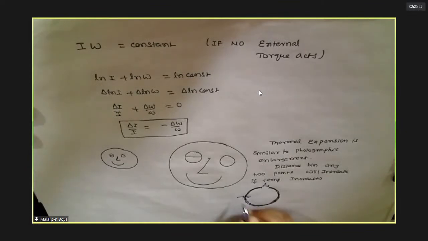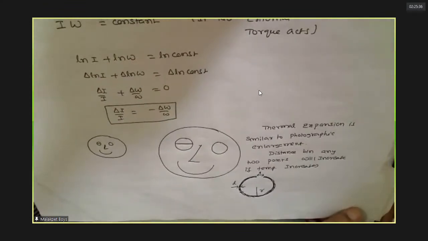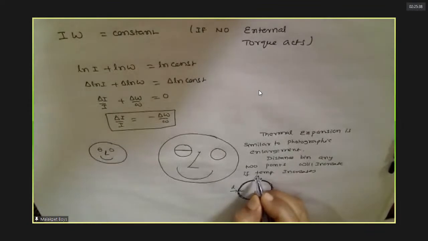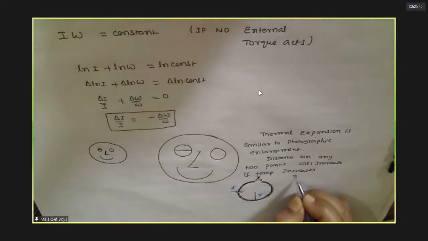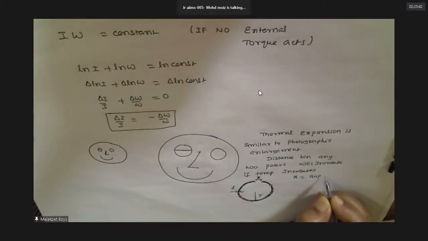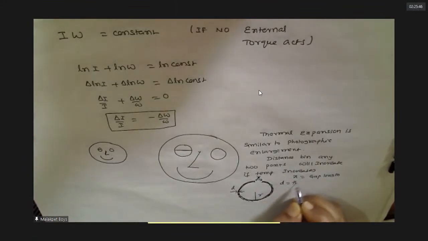This thickness is d. This is r. You're able to understand this? This gap is x. Thickness is d.